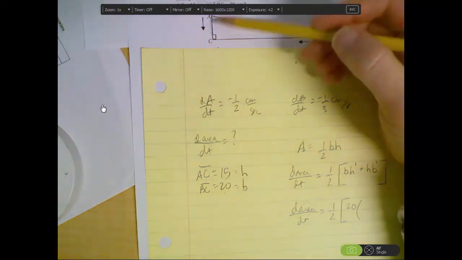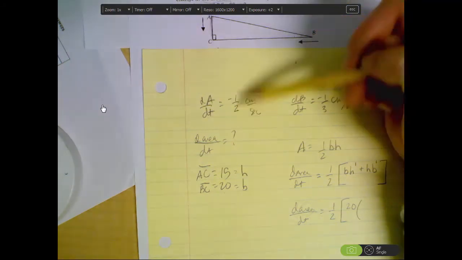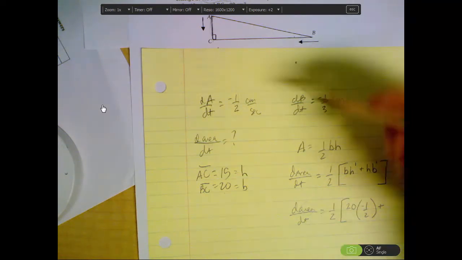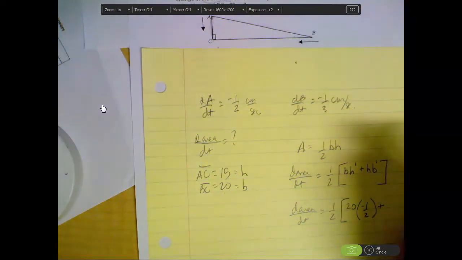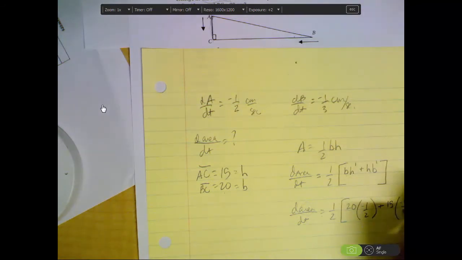The change in height is the change in A, which is moving down, so that's the -1/2. Plus the height at this particular instant is 15, and the change in the base is -1/3.